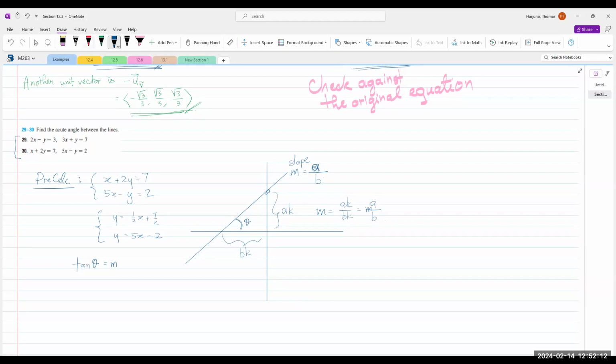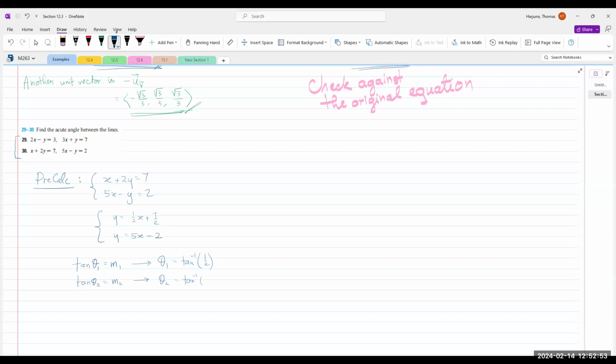So if I go back here, I hope you understand it with a very brief explanation like that, though this is actually your pre-calculus teacher's job, not mine. Tangent of theta 1 is the slope of the first line, so theta 1 is tangent inverse of 1/2. If theta 2 is the angle formed between the second line and the positive x-axis, then theta 2 will be tangent inverse of 5.